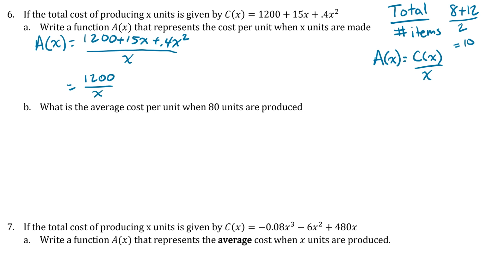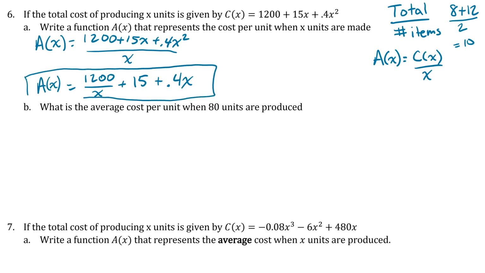We can't actually reduce that. For 15x divided by x, that would just be 15 because the x's would cancel out. And then for the last one, we would have 0.4x because x squared divided by x just leaves us with x. So that is our average cost function, or the cost per unit.